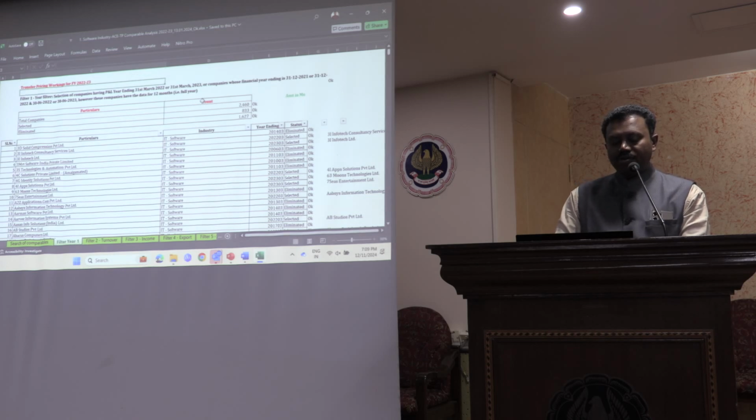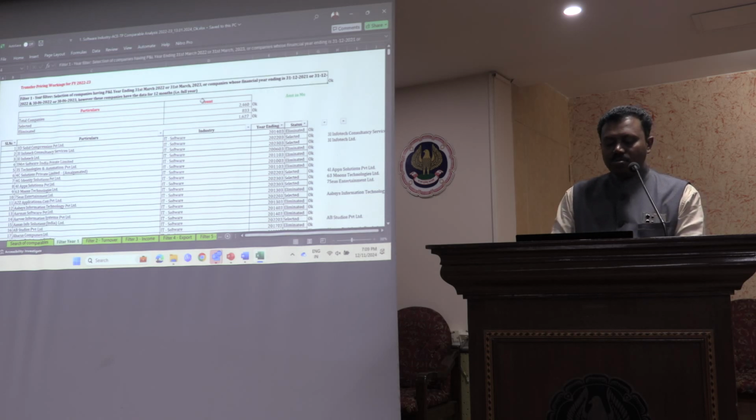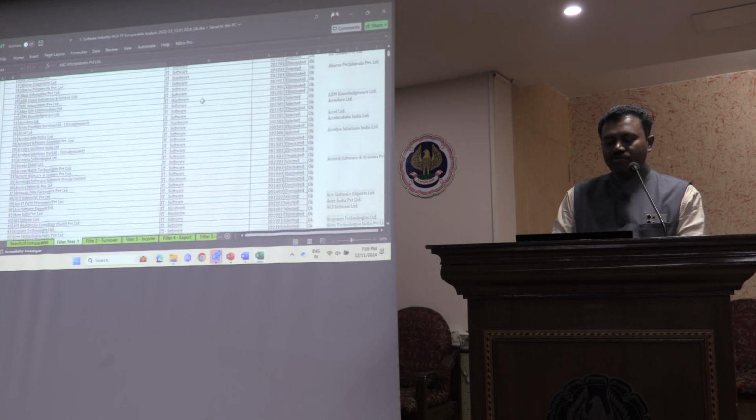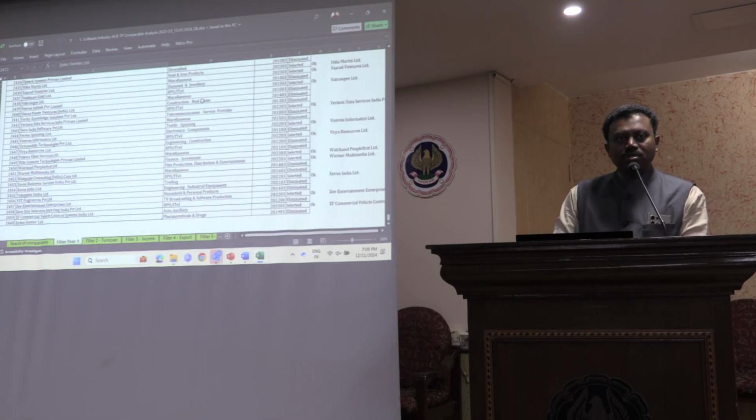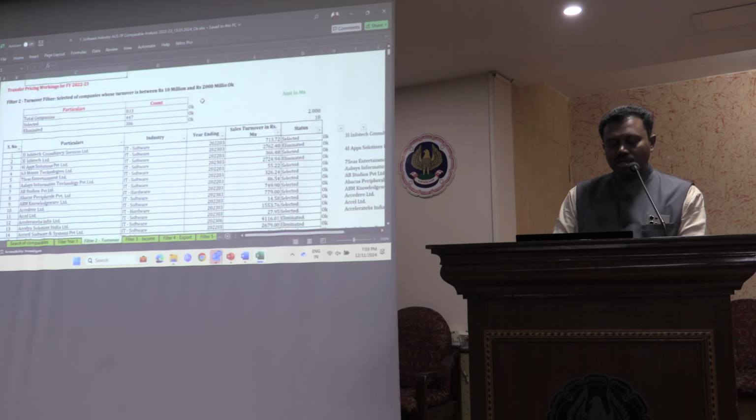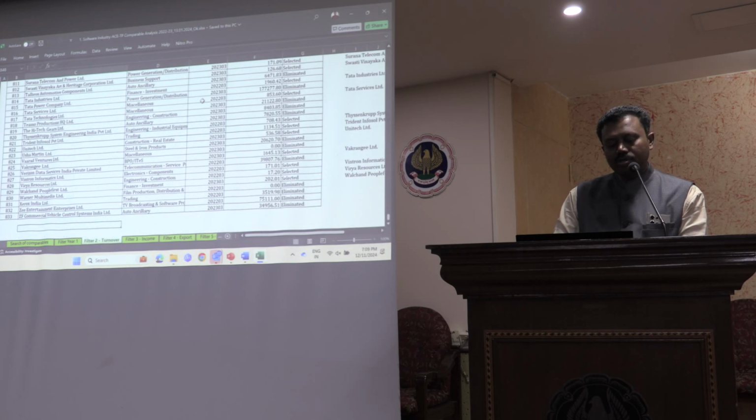So we have filter one, where you had this number of companies. Based on that, we ran the software. It shows 2,460 companies out of 54,000, out of 1 lakh, because this is the STP database. Filter 2, turnover, 1 crore to 200 crore, came down to 830.